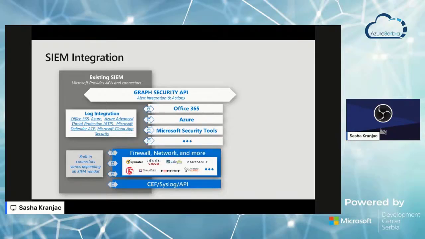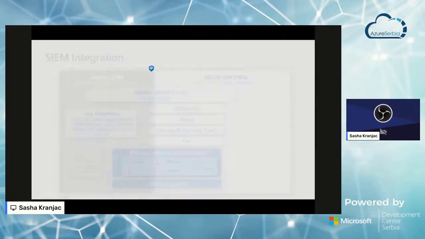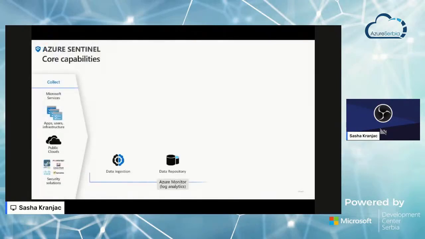It also provides access to logs from the various technologies to increase the data fidelity. And Sentinel is the one that connects all of these. The capabilities of Sentinel: it uses the Microsoft Threat Intelligence System, like we've seen before.